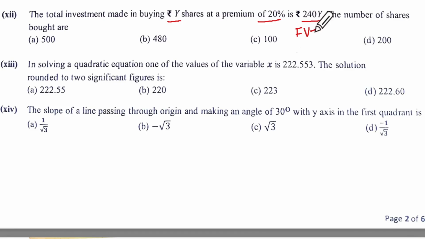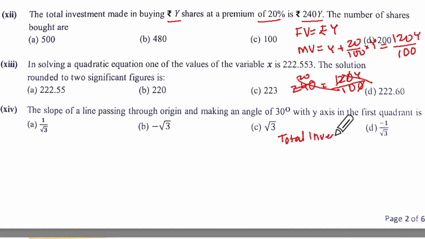FV is rupees y and your MV is going to be equal to y plus 20 upon 100 into y. Agreed? That will be 120y upon 100.